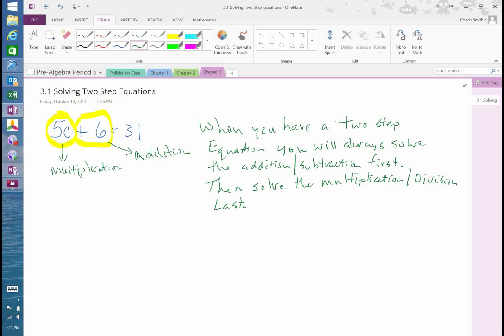Understand that this equation would also be the same. Okay, those two equations are the same as is this. Those are all equivalent equations. They all mean the same thing.